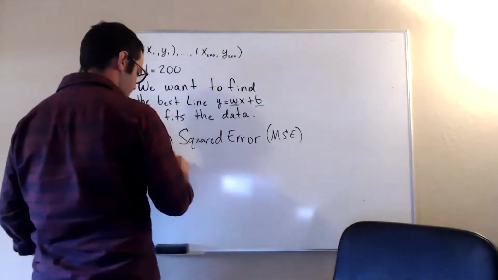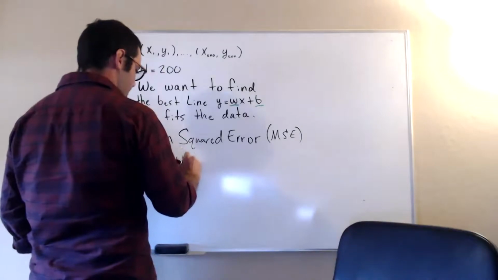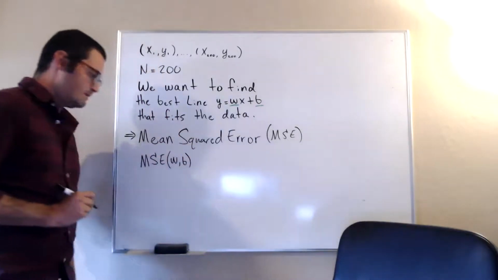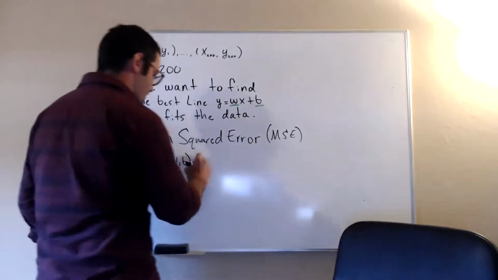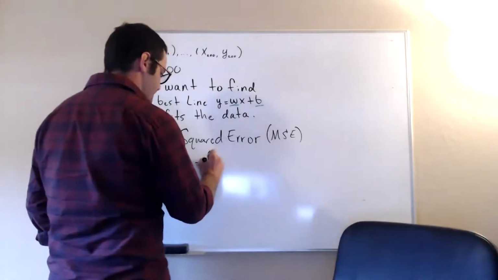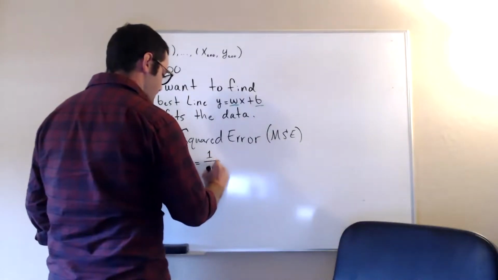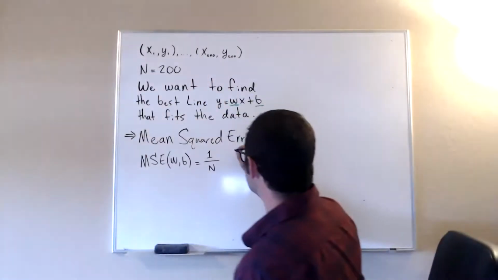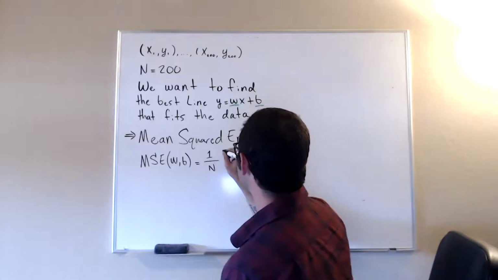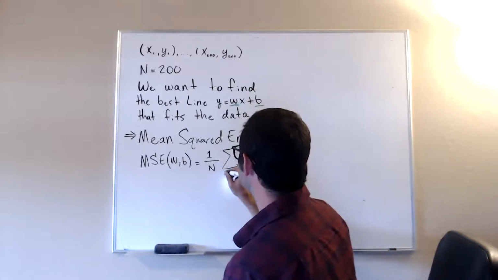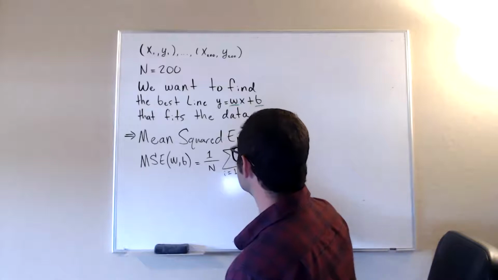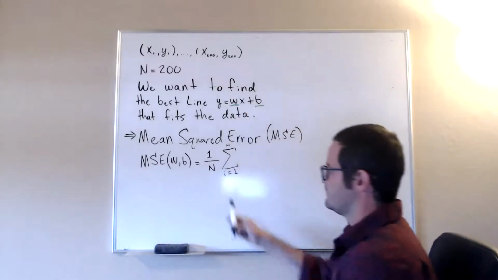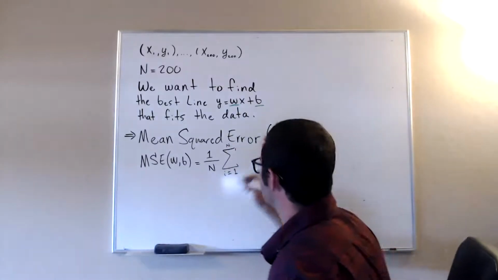So the way that we're going to do that is by defining a function of w and b, which is the average squared error. And there's a few ways that you can define this function. It doesn't have to look this way. Sometimes you can have a 2 down there, sometimes it's just n.